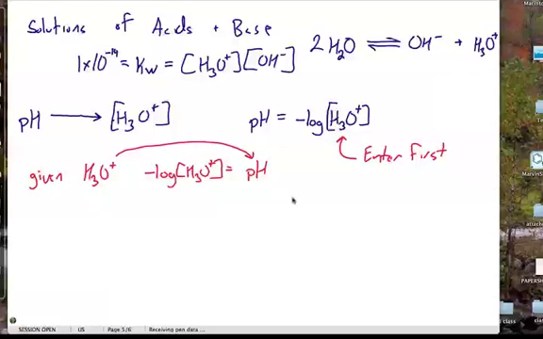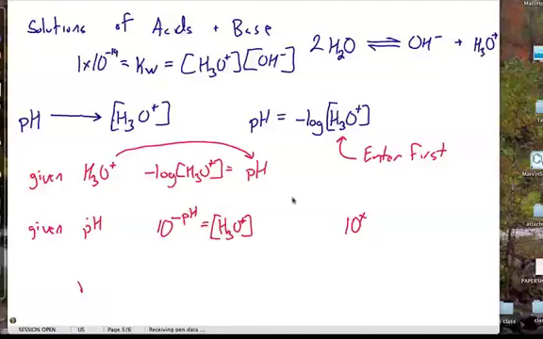Going backwards, given pH, we use a modified form of this. 10 raised to the negative pH will equal the H3O+ concentration. So in this case, we're going to start using our 10 to the x key on our calculator. We enter the pH, and we plug it into our calculator, and we get the negative log.